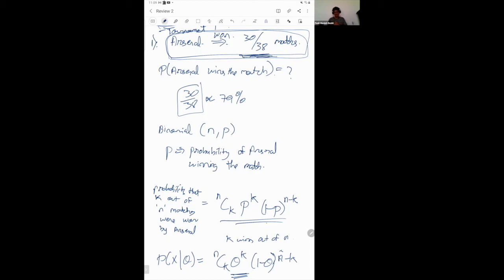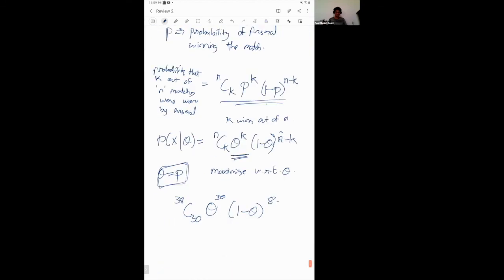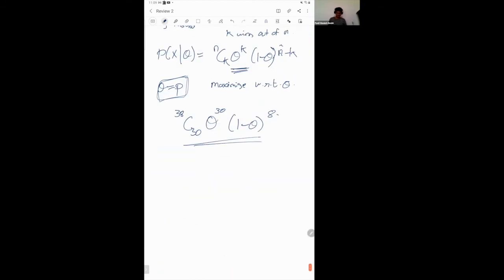That's going to come out to 30 on 38 because it has won 30 out of 38 matches, but formally you would do it like this. So theta is p, and we will maximize over p.